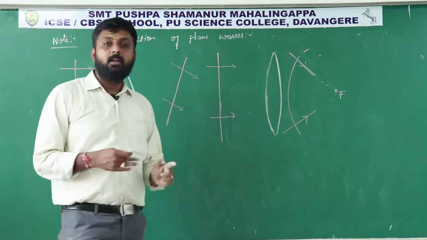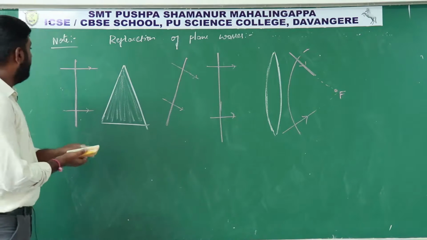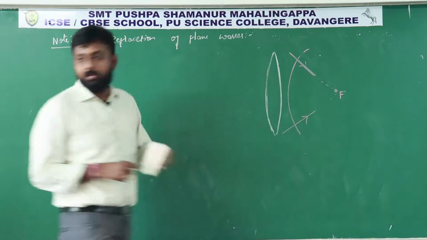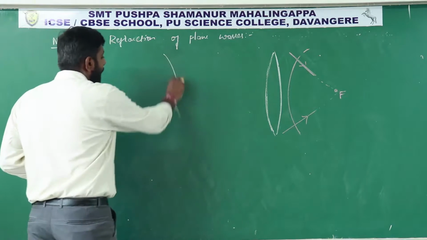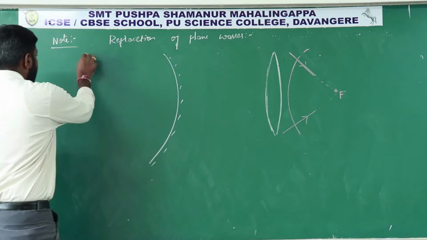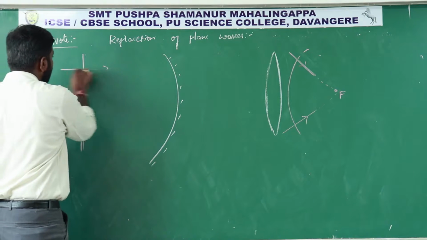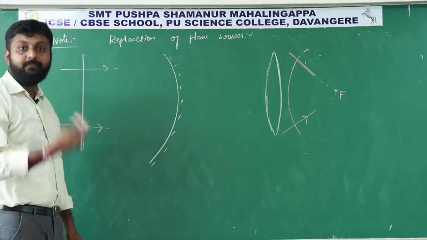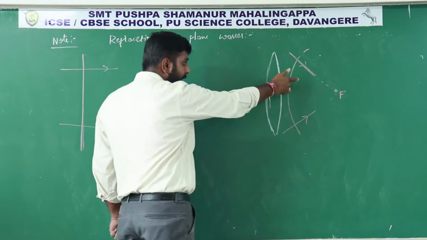So this is what you will observe when a plane wavefront passes through a lens. And similarly, if you consider a concave mirror, let us consider a plane wavefront incident on it. This plane wavefront is incident on the concave mirror. Here in the wavefront there is some depression.